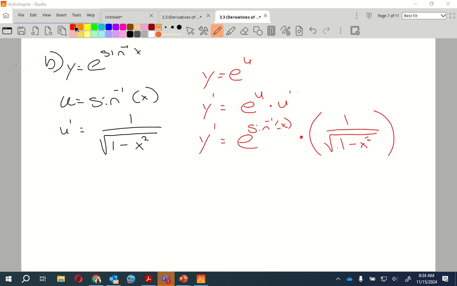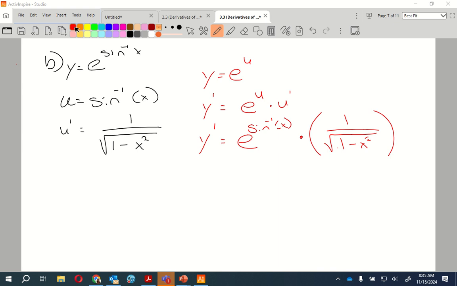Now, if I were to put those together, that whole e to the inverse sine would go to the top of my fraction. All right, we okay? I hope so.